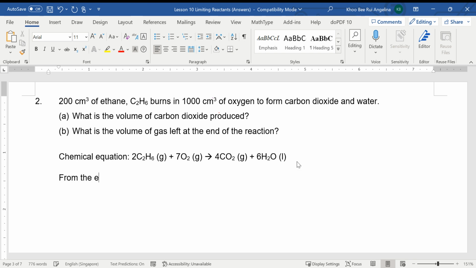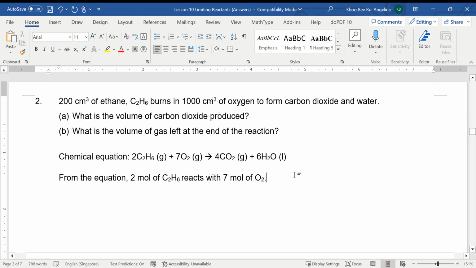So from the equation, 2 mole of ethane reacts with 7 mole of oxygen. Okay, so this is how I get 2 moles and then 7 moles.